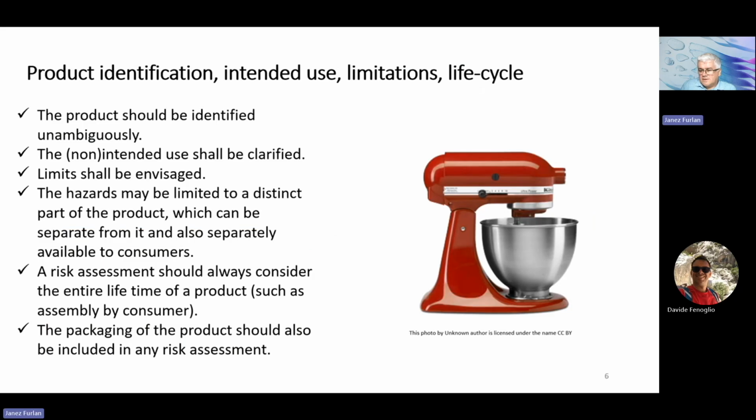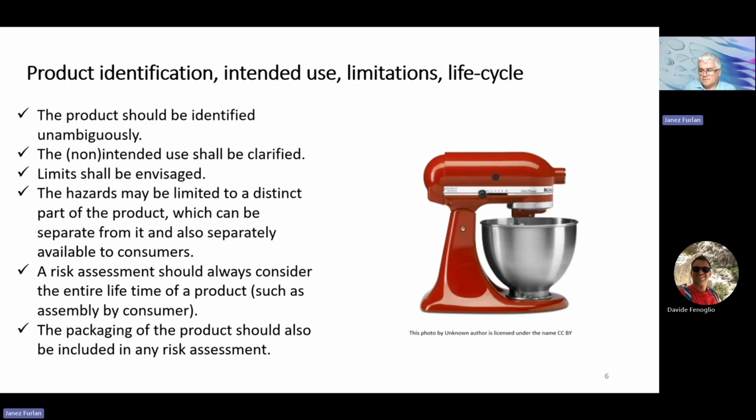When we are doing the risk assessment, we clearly need first to identify the product, its intended use and limitations. This is very important because some products that look alike may not be intended for the same consumer group.